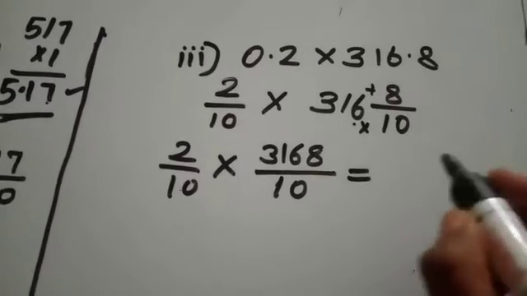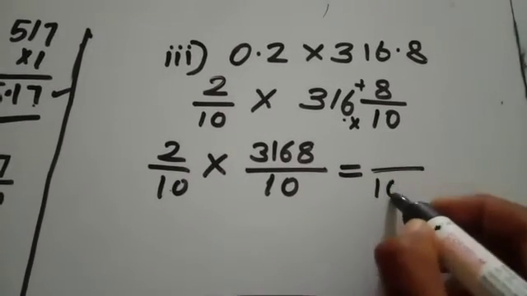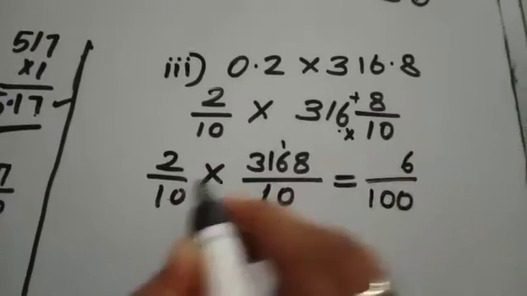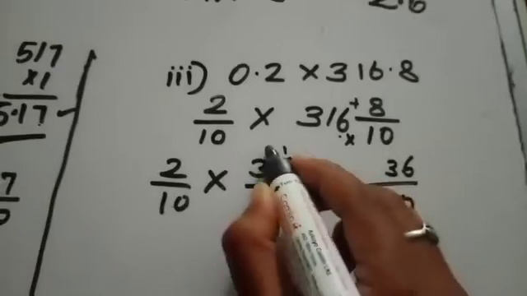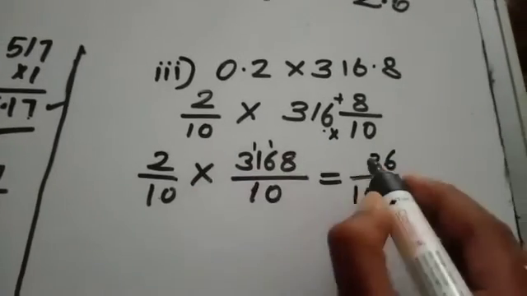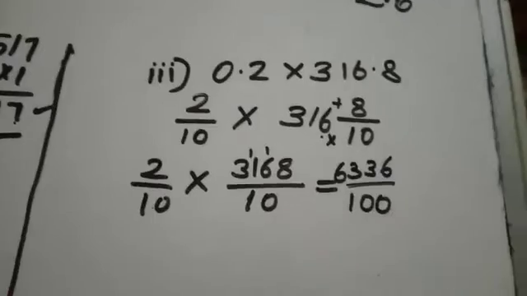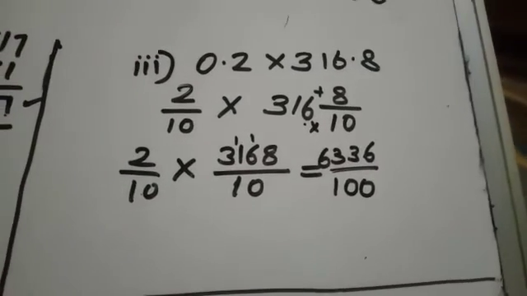Now as both we have got fraction, now you can write the product of fractions. Product of numerator, product of denominator. 10 10s are 100, 2 8s are 16, 1 2 6s are 12 plus 1, 13, 1 carry, 2 1s are 2 plus 1, 3, 2 3s are 6. You have got 6336.